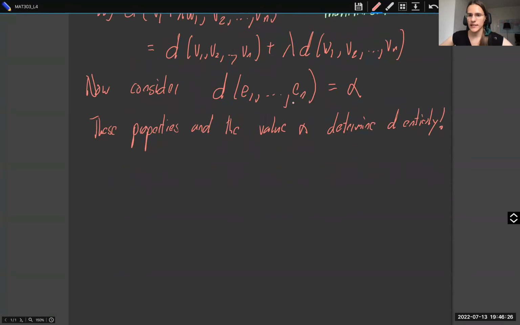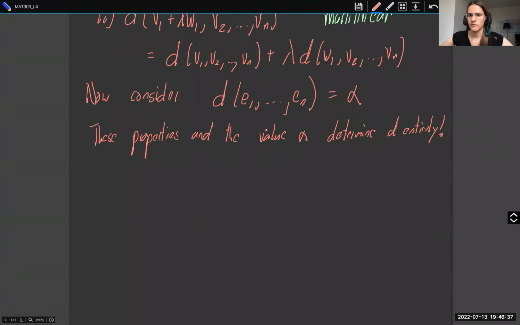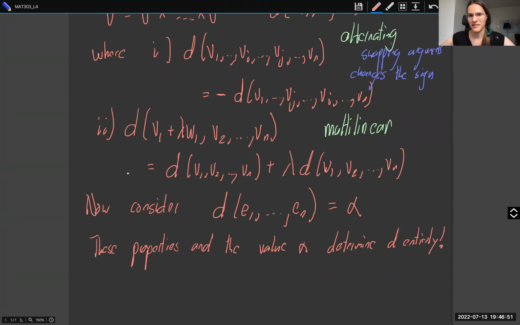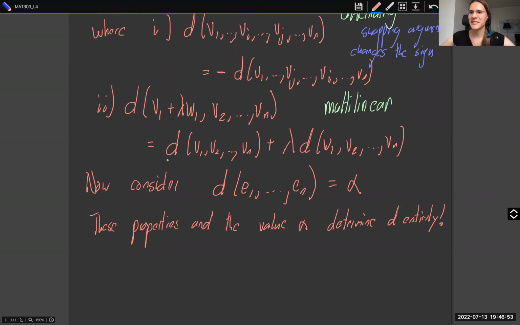And so what this function is, it's going to be a multiple of what? So d is alpha times, let's see, does anyone know the name of the thing? Okay, no, it's the determinant.